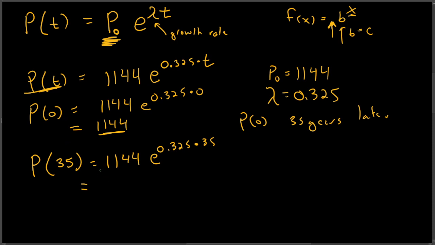This would give me a value of 1,144 with 0.325 over 35 years, which gives me 1, 2, 3. Right? It's a very fast growth rate. That's a 32.5% growth rate. And that's a high growth rate. I think the problem I wanted to do is let's see what happens if the growth rate slows down.